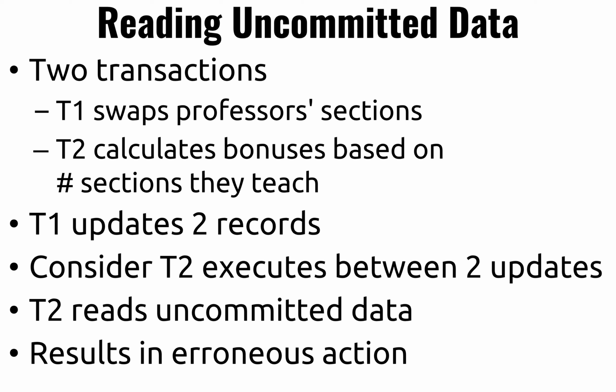Where one of them starts, but before it gets a chance to finish, this other thread comes in and reads data that has not yet been made permanent. It would be very unfortunate if the first thread starts, unenrolls me from section 1, unenrolls you from section 2, and before it gets a chance to enroll us back into our sections, my number of sections goes down from 3 to 2, yours goes down from 2 to 1, and this other thread comes in and calculates what our bonuses are going to be based on an erroneous count of how many sections we're both teaching.